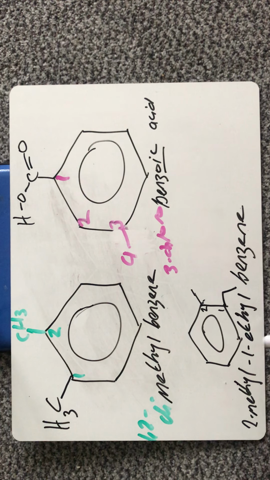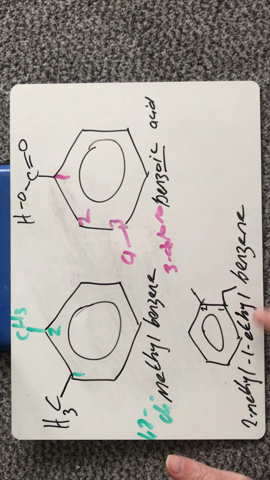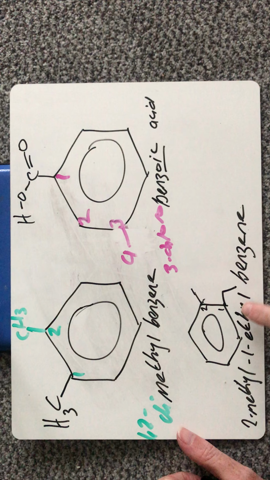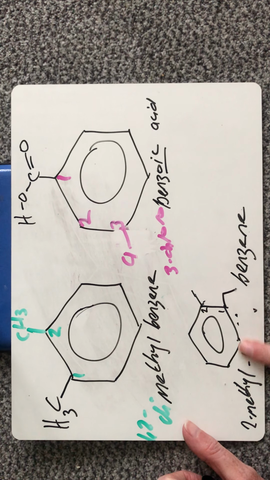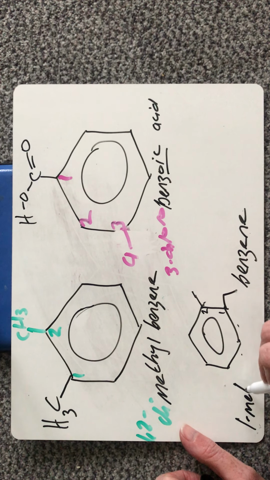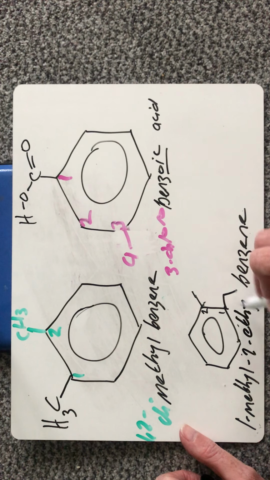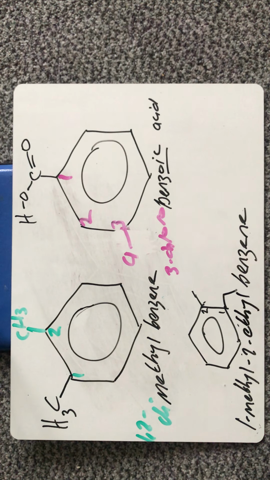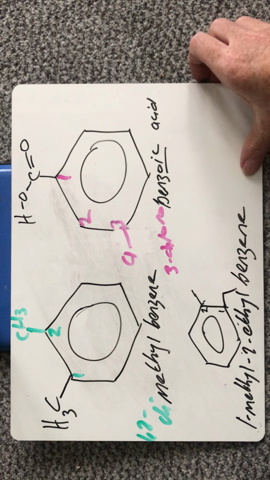It's wrong either way around, so I'm going to swap these two over and it's going to be 1-ethyl, 2-methyl, benzene. So I'll just rub that out because it has to be alphabetical. 1-ethyl, 2-methyl, benzene.